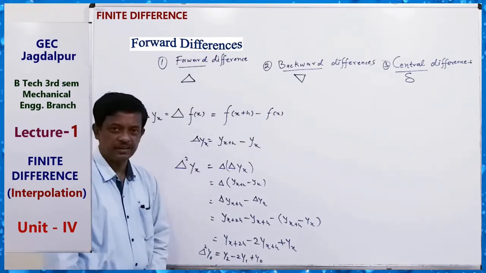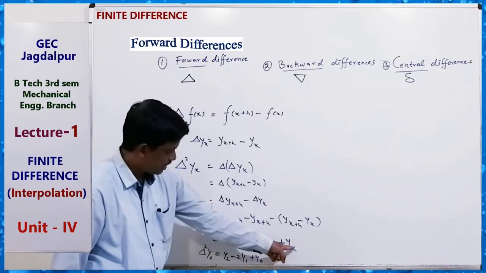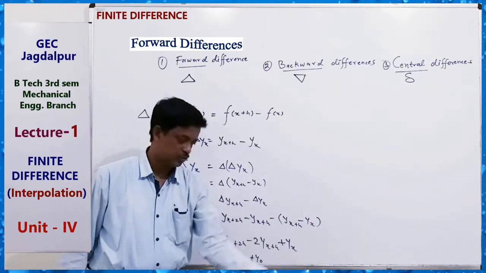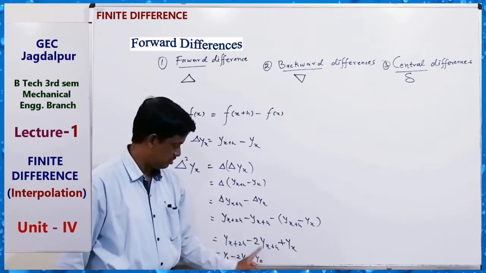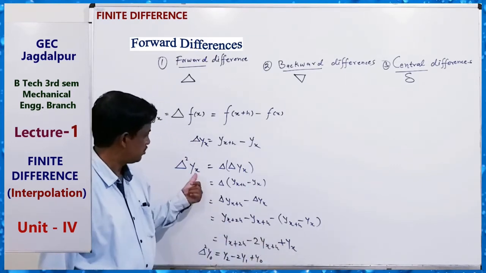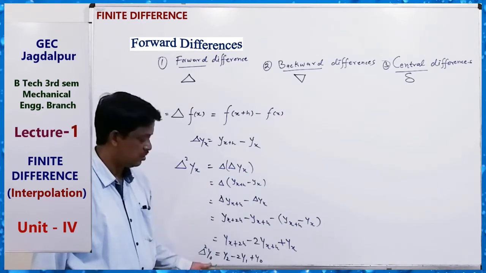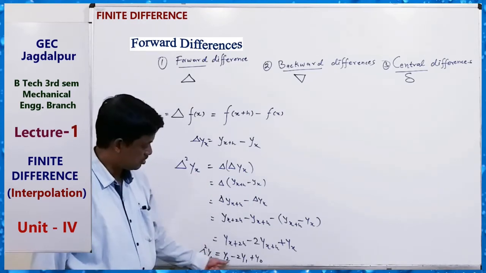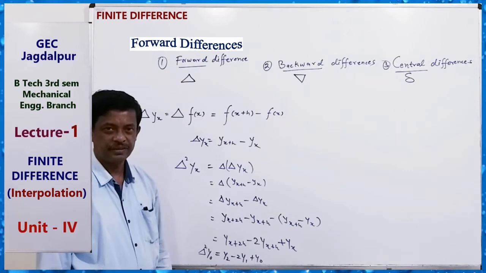This is the notation: y(x) means x plus 0 times h, that is y0, then y1, then y2. So when in place of x we write 0, del 2 y0 equals this.